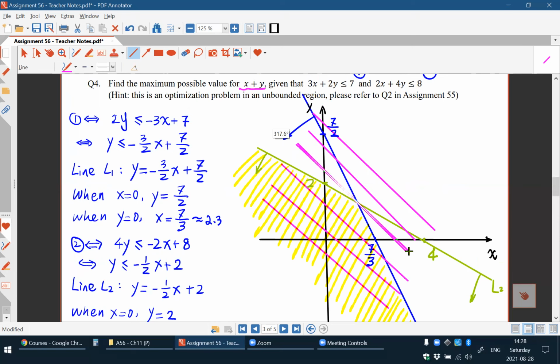That means as long as this line passes through this vertex here, the y-intercept is maximized. Otherwise, if this line moves a little bit further up, this line cannot cross the region here.